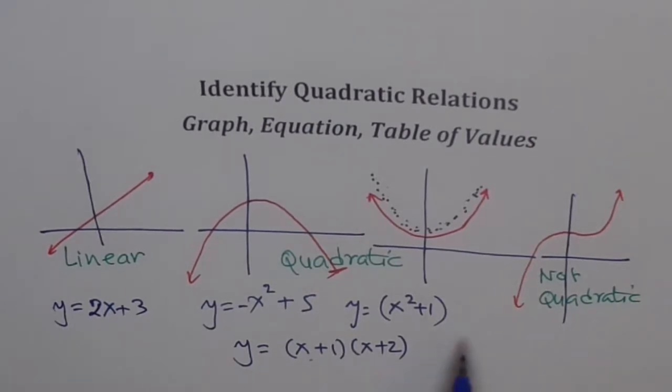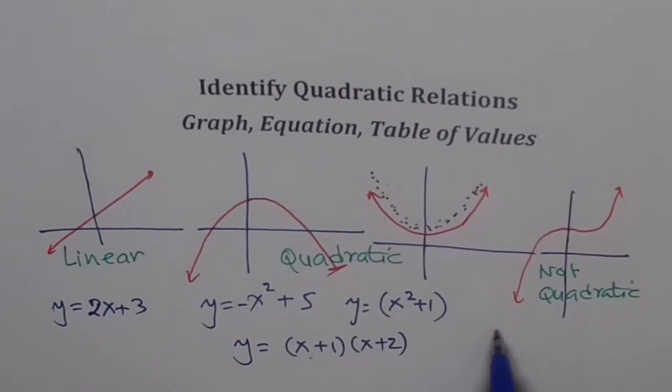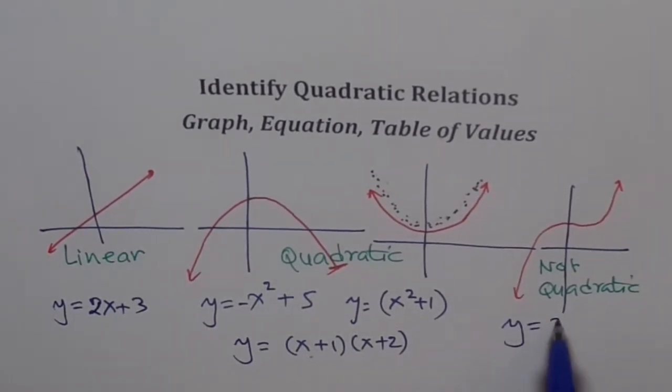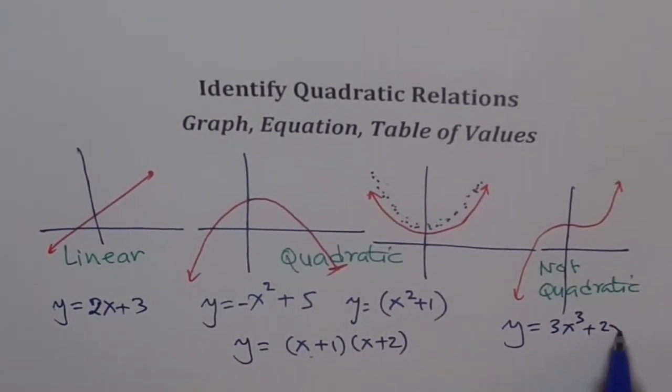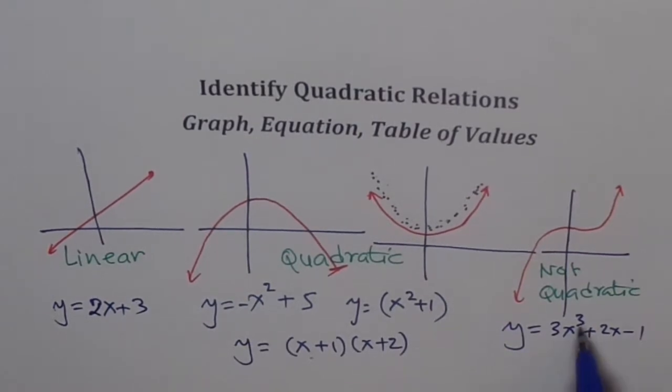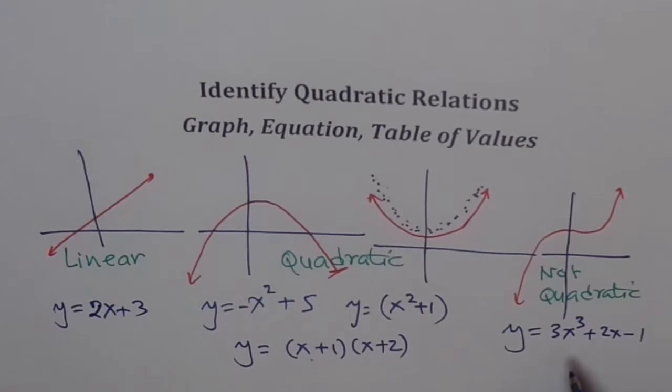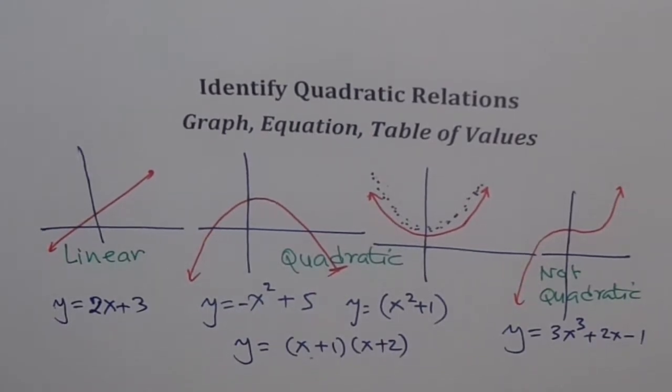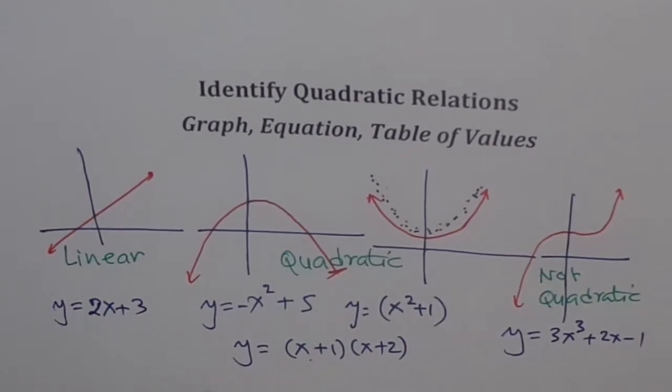But if the degree of your polynomial is more than 2, then it is not. For example, if we have 3x cubed plus 2x minus 1, here the degree is 3, so it cannot be a quadratic relation. Therefore, an equation in the form of ax squared plus bx plus c in general.